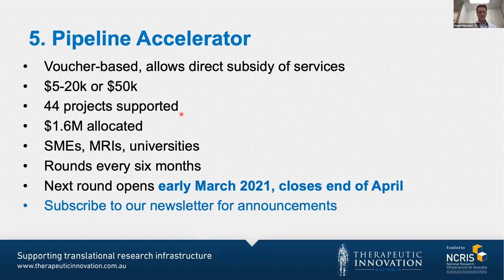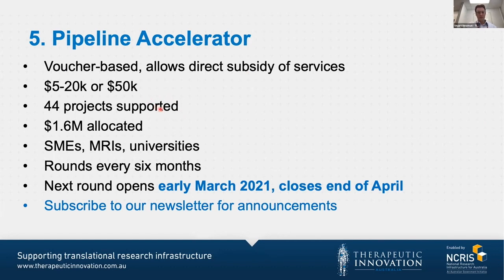I do want to briefly touch on the Pipeline Accelerator Scheme, which we've been running for the last year or so. If you're not aware of this, this is a voucher-based scheme that allows an additional subsidy to access various facilities, including the high throughput screening network that I mentioned earlier on. The voucher value ranges between a $5,000 to $20,000 tier and also a $50,000 tier.